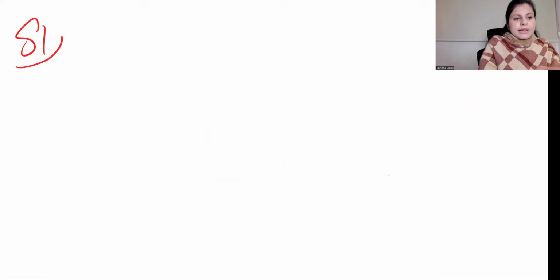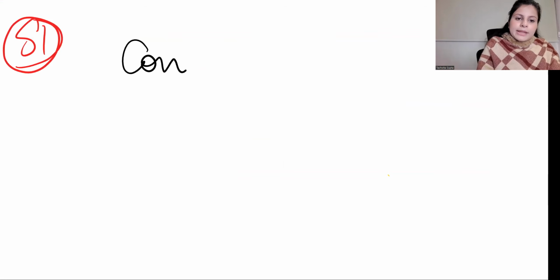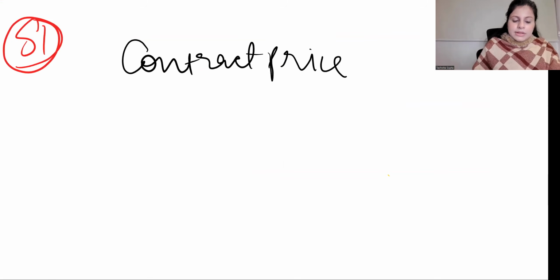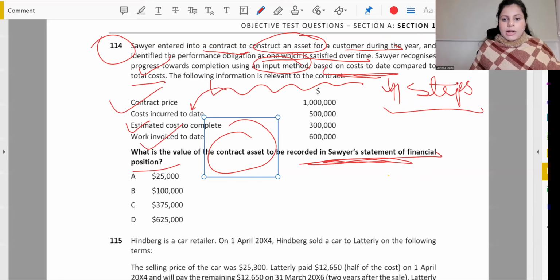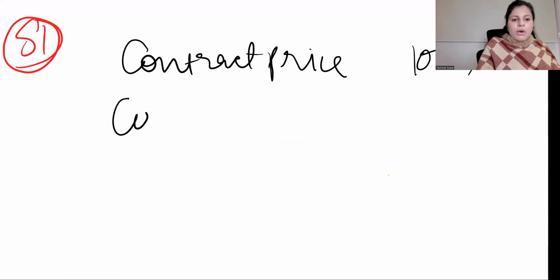What's my 4 step? Step number 1, is it an overall profitable contract or not? So my contract price as per the question was how much? Contract price is 1 million. What's my total estimated cost?